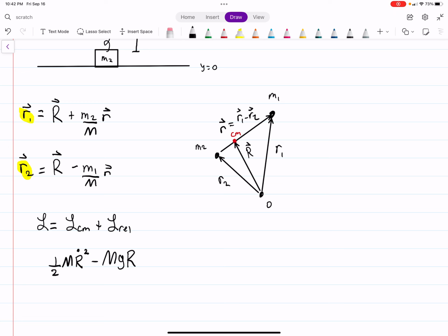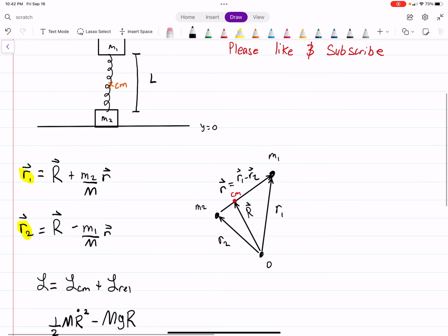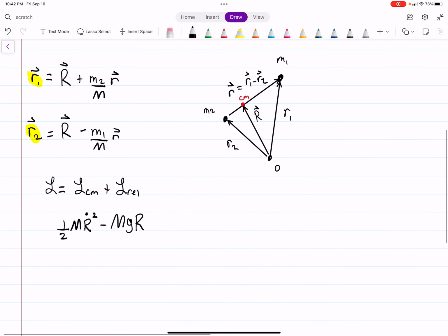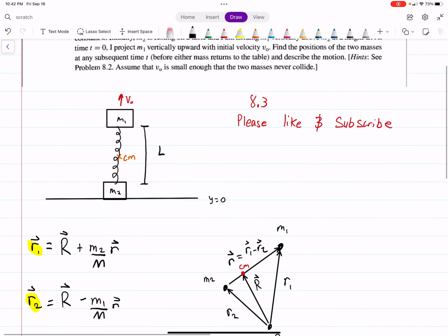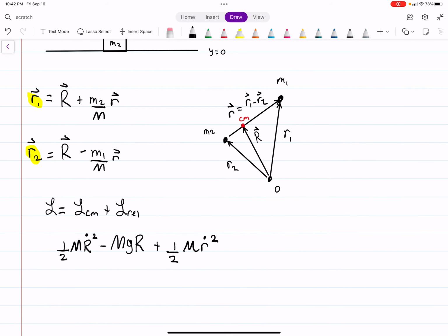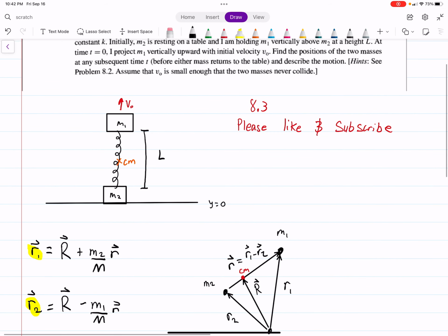And we need to add to that the relative Lagrangian, which is treating it as a reduced mass. And the reduced mass is also going to be moving, so we'll do 1/2 mu r dot squared. So the center of mass is moving, the reduced mass is moving. And then as for the potential energy, well, it's a spring.